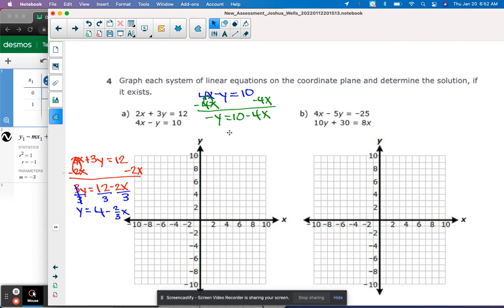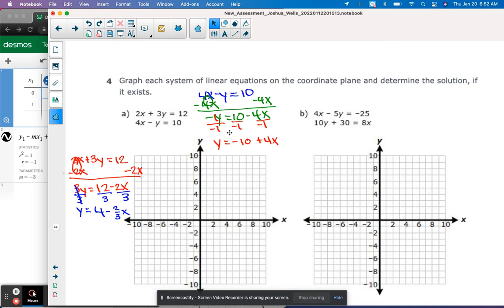The last thing we need to do is make sure that we understand that this is a negative 1. So I'm going to divide everything by negative 1. And all that does is flip the signs. So y equals negative 10 plus 4x.